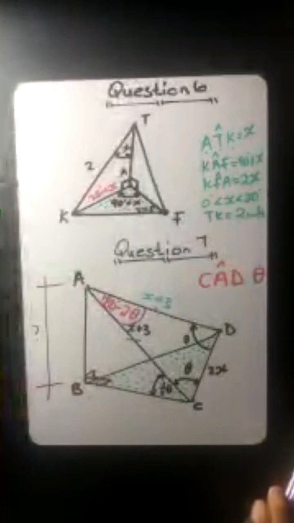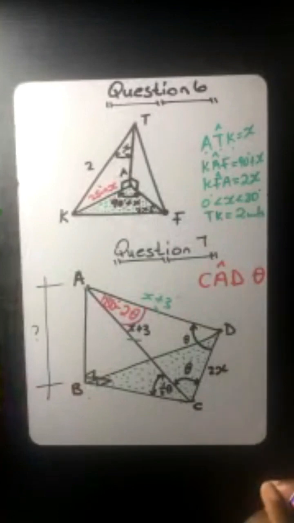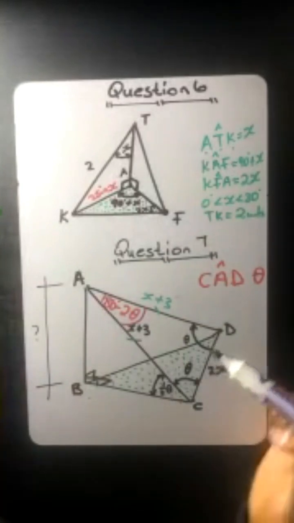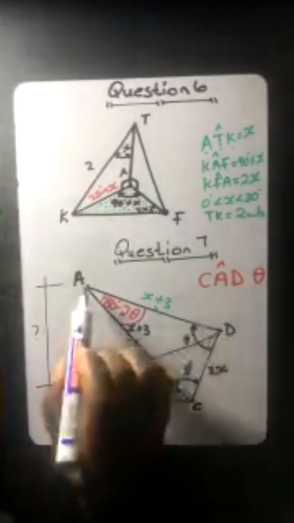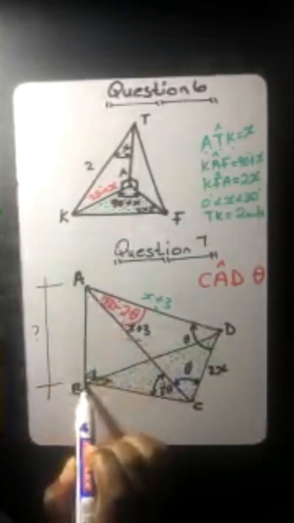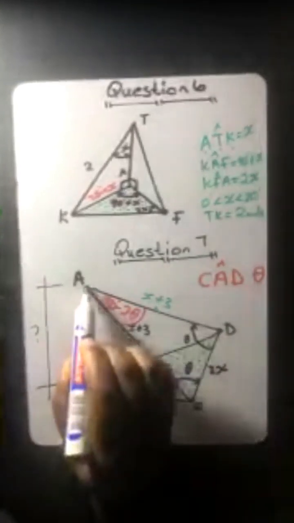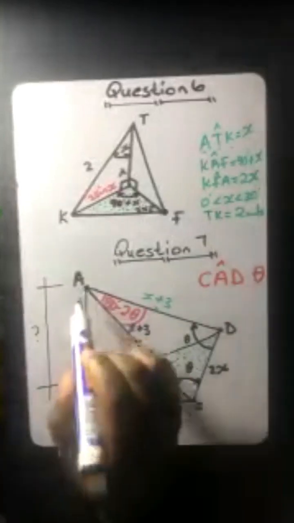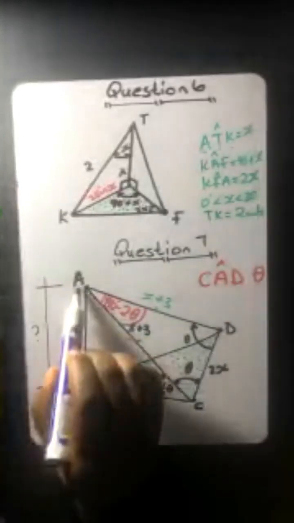Let me try to check something here. Remember, for you to get to AB, you need to ask yourself a question: which triangle is connected to AB? You realize it's triangle ABC.